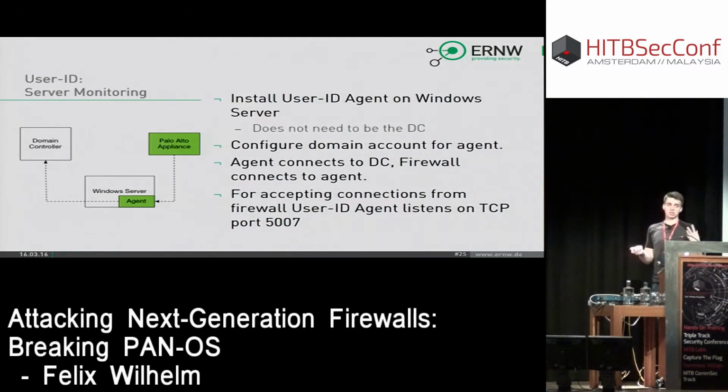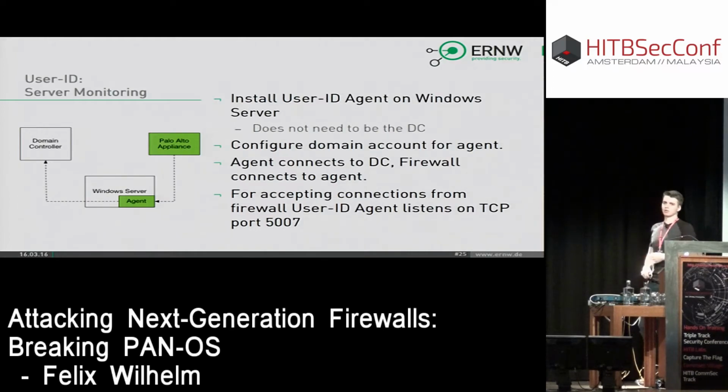Now the credentials are stored in this User-ID agent, which is just a normal Windows process, so you can install that on any box in your environment. And to accept connections so that the firewall or the appliance can connect to the agent, it opens up a TCP port 5007 and waits for connections.